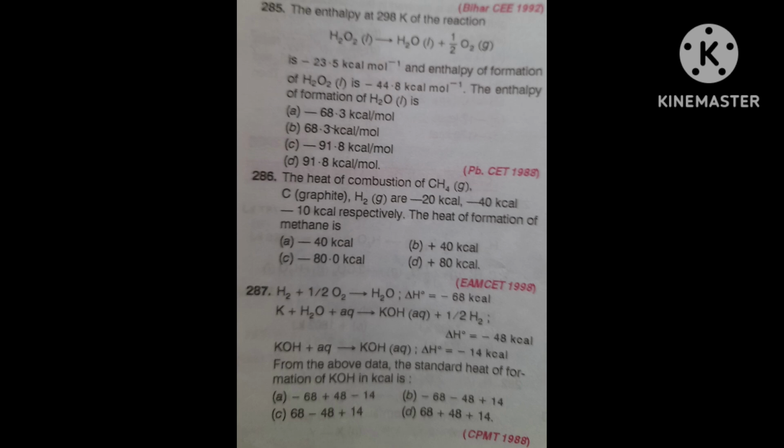This reaction you first have to write, and then apply the given equations. How will you get this KOH? For K plus half O2 plus half H2, you have to write equation second plus equation first minus equation third.